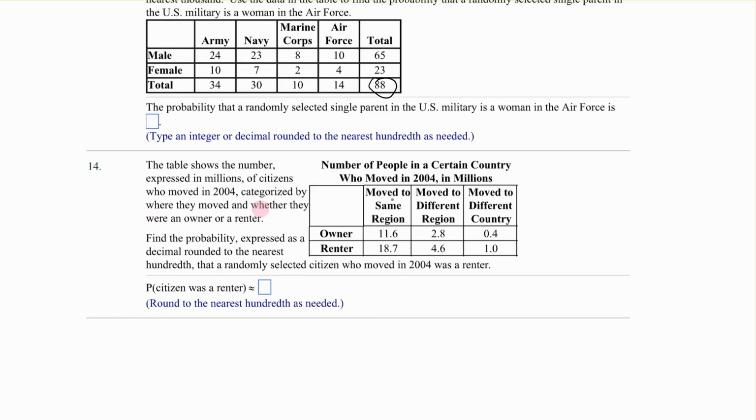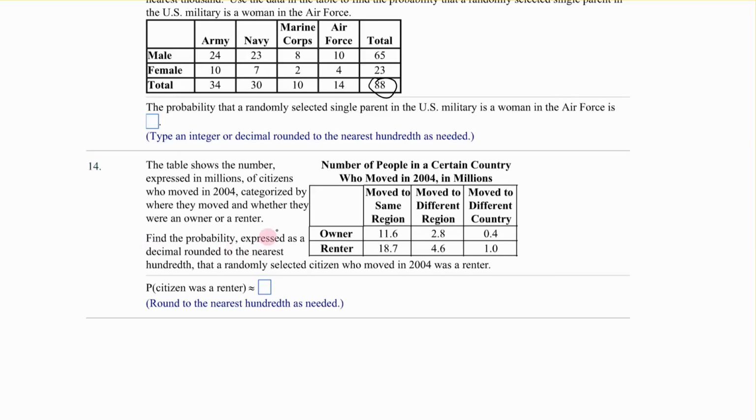Okay, so moved to the same region, moved to a different region, and this is in a certain country. I don't know any more details about it. Moved to a different country. Okay, owners, renters.